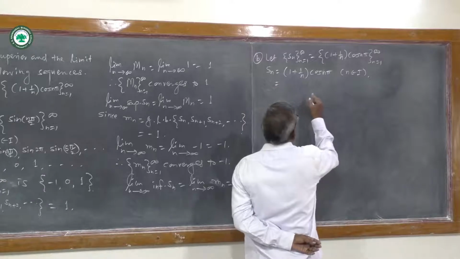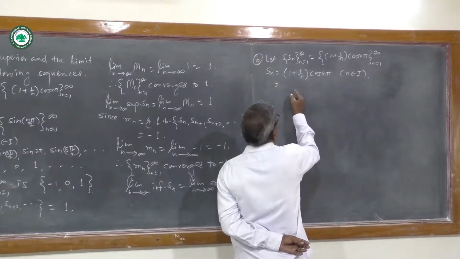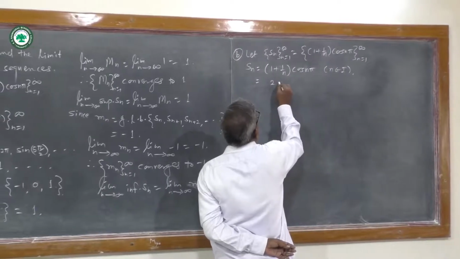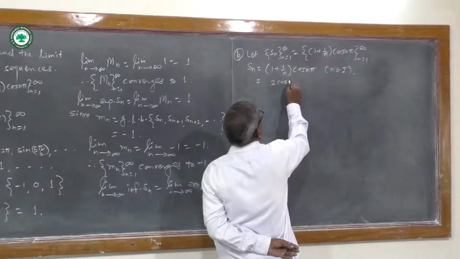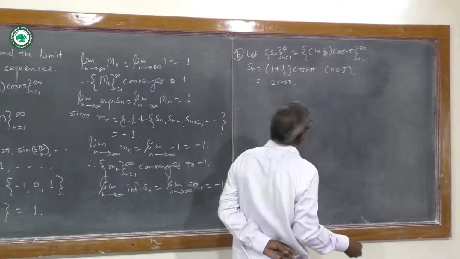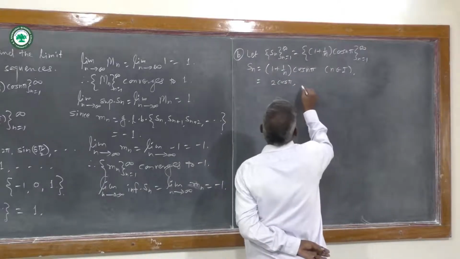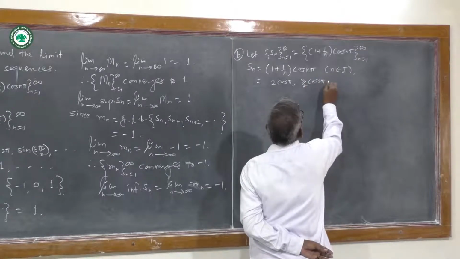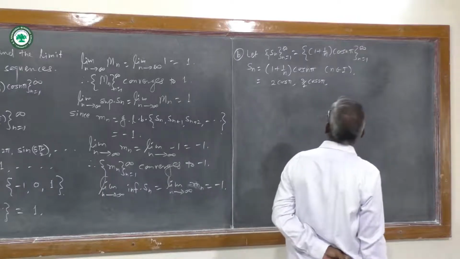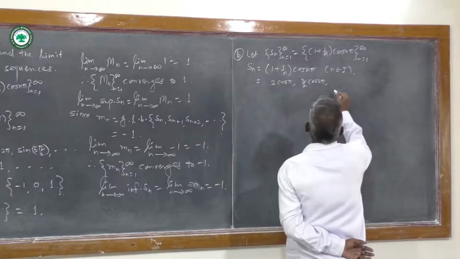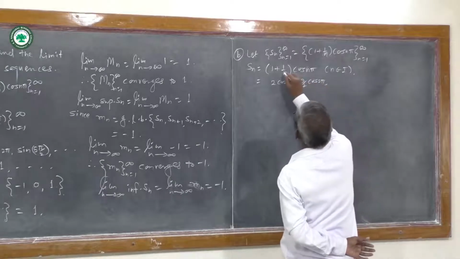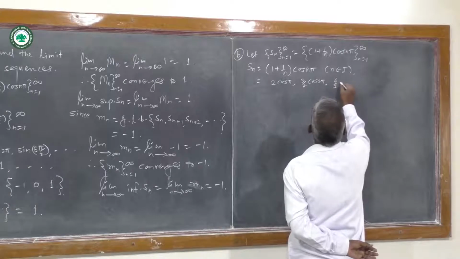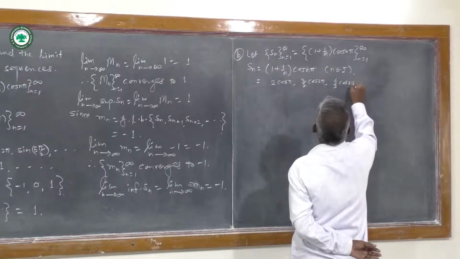If we put n is equal to 1, we obtain 1 plus 1 by 1, that is 2 into cos of pi. If we put n is equal to 2, we obtain 1 plus half, that is 3 by 2 into cos 2 pi. If we put n is equal to 3, 1 plus 1 by 3, that is 4 by 3 into cos of 3 pi.